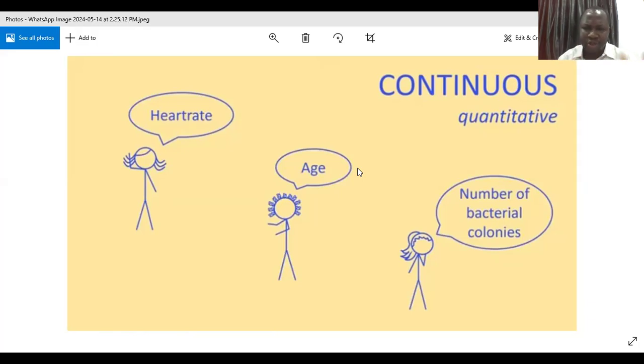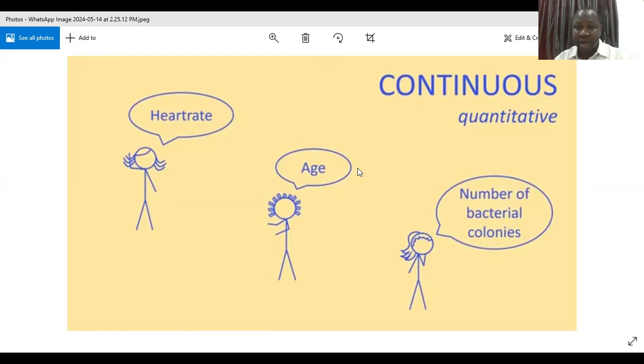Is your data continuous, quantitative, or is it categorical, qualitative? Just understand the two: quantitative and categorical, qualitative and nominal. Qualitative is the same as categorical.